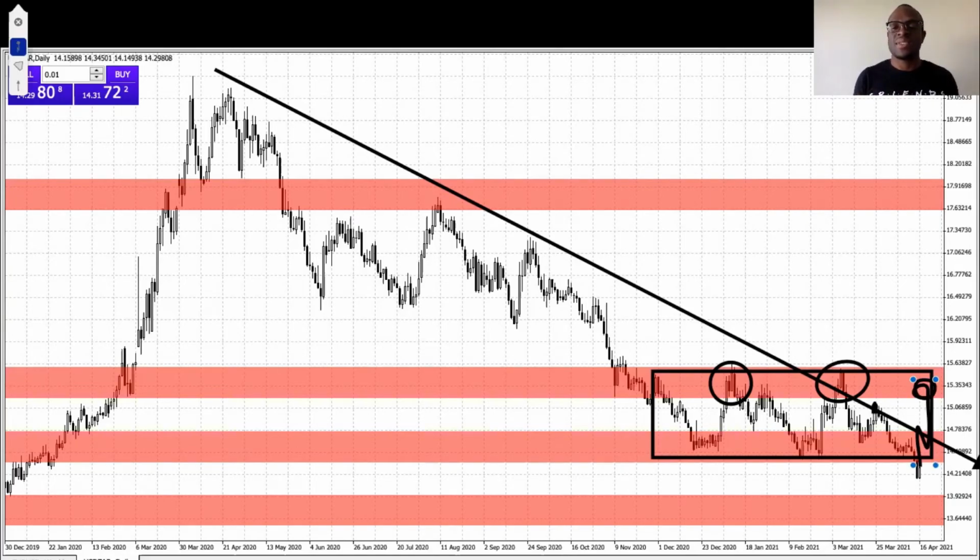These are the scenarios that I'm expecting, but the one with the higher probability will be the movement to the downside. These are the scenarios that I'll be looking at. So I won't be taking long positions because I have structure, and the top-down analysis is also supporting the bearish move.